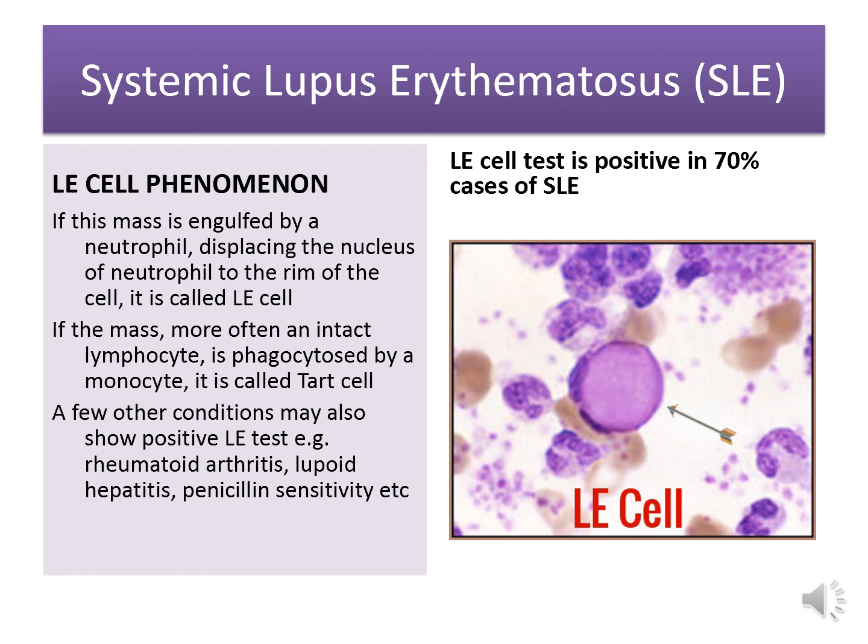On the right picture, we see such cells, formed as a result of disrupted nuclei engulfed by neutrophils, displacing the nucleus of the neutrophil to the rim of the cell, and we see the formation of LE cells.